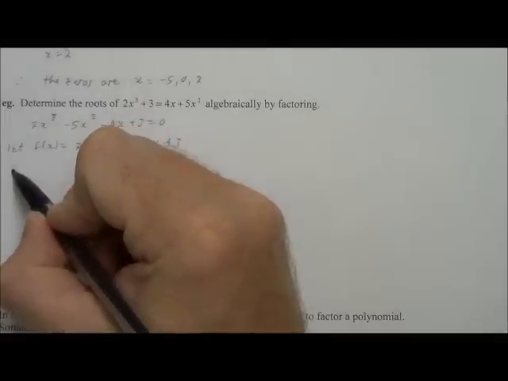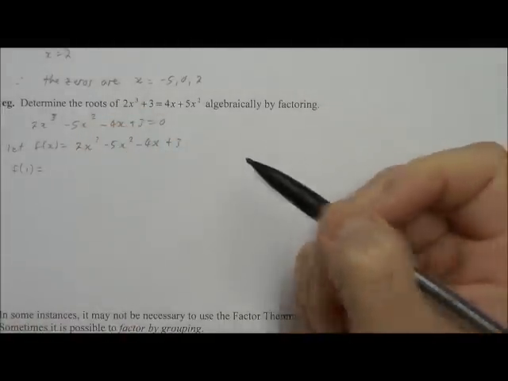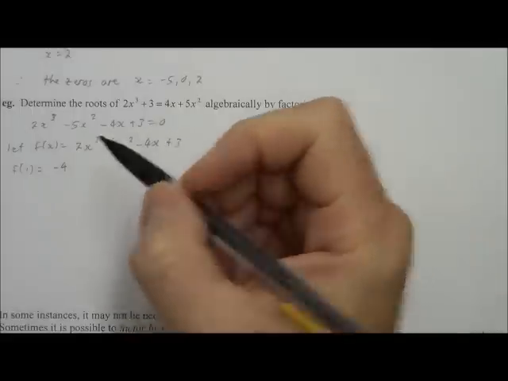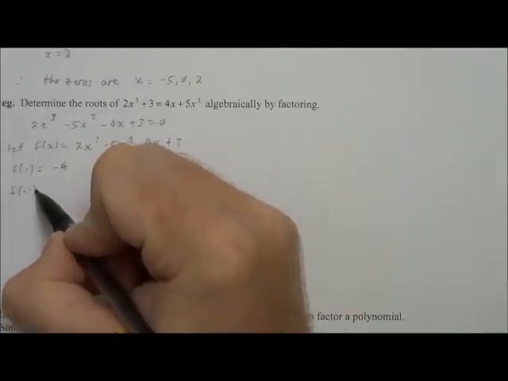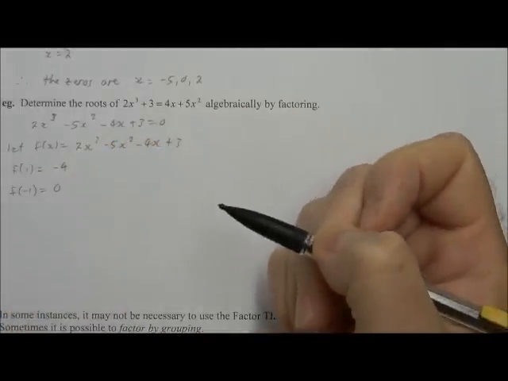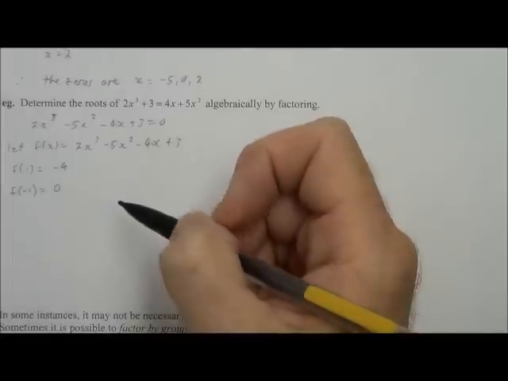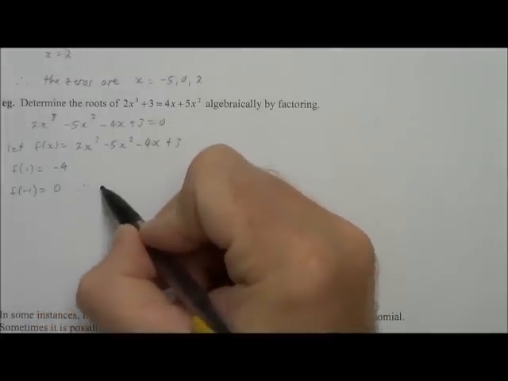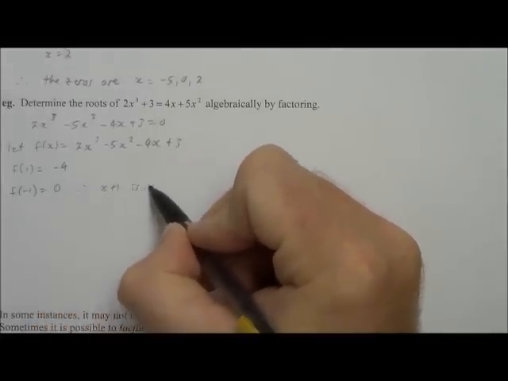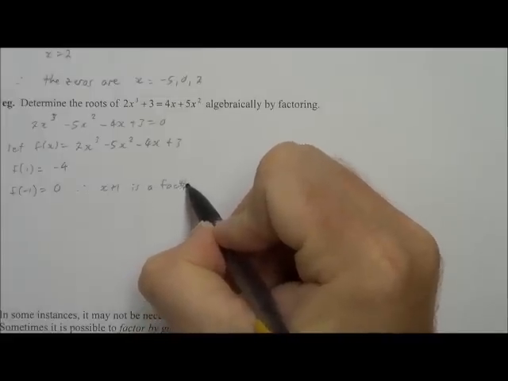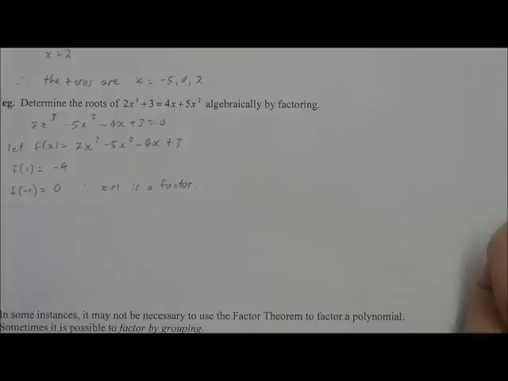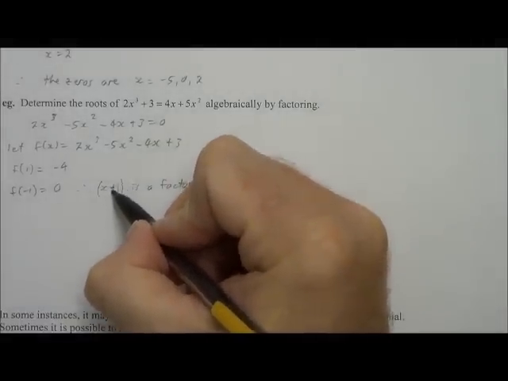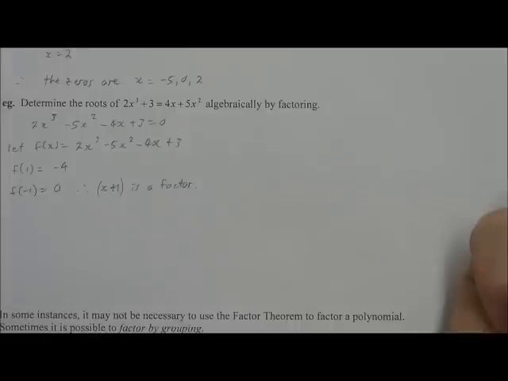Okay, now that you've done that, I have gone through and worked out f of 1 equals negative 4. f of negative 1 equals 0. Therefore, x plus 1 is a factor. And I could put that in brackets to make it a little bit more compact.